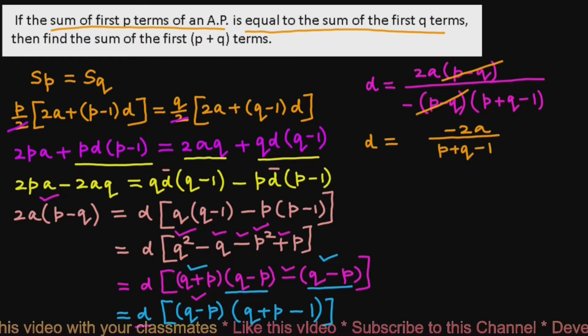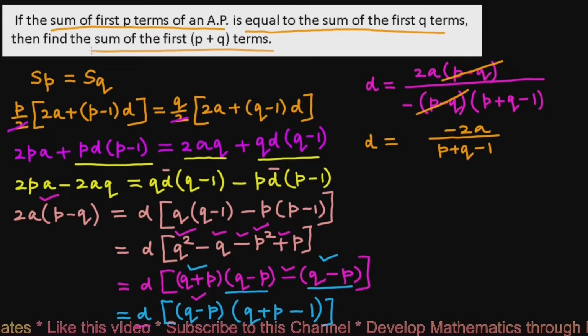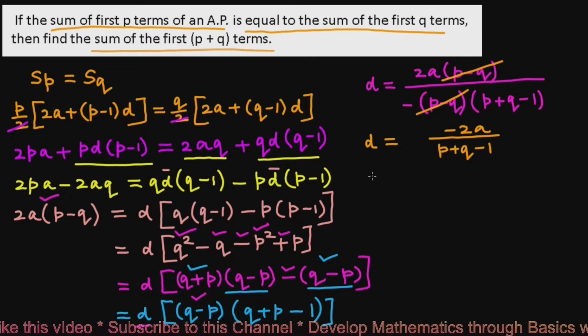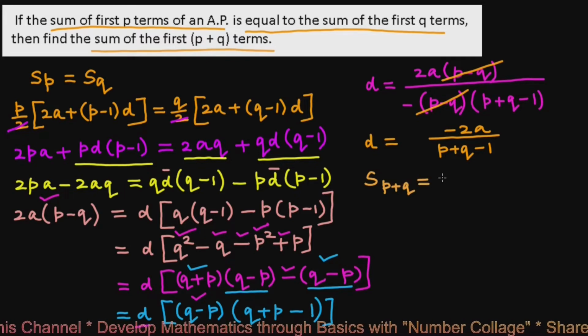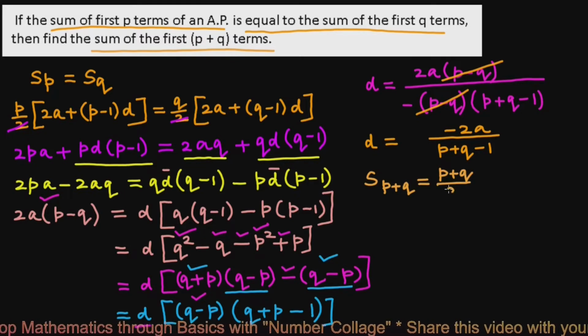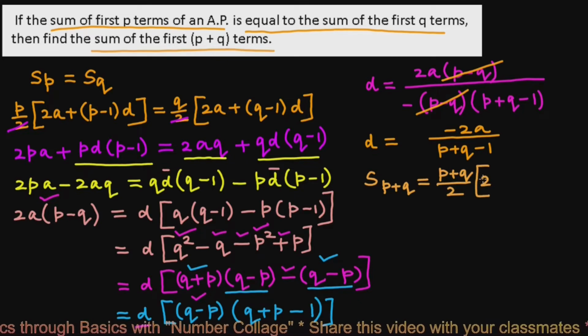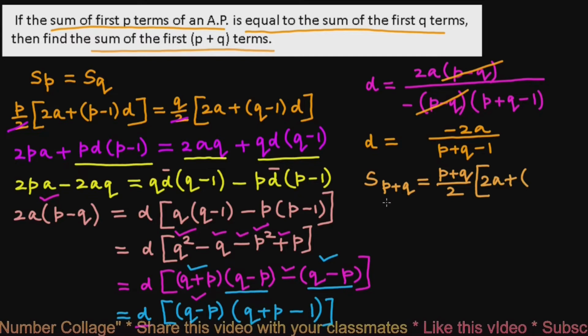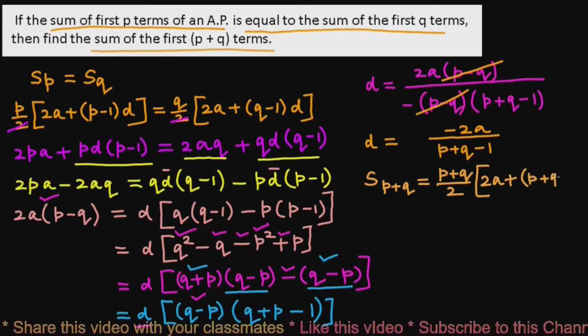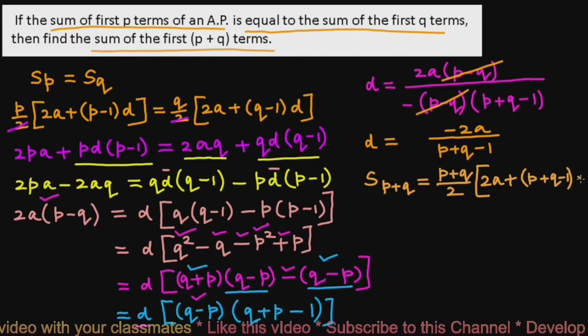Next we have to find the sum of the first p plus q terms, that we can write as S of (p plus q), that will be (p plus q) upon 2 multiplied by (2a plus, in place of n minus 1, we write (p plus q minus 1) multiplied by d).